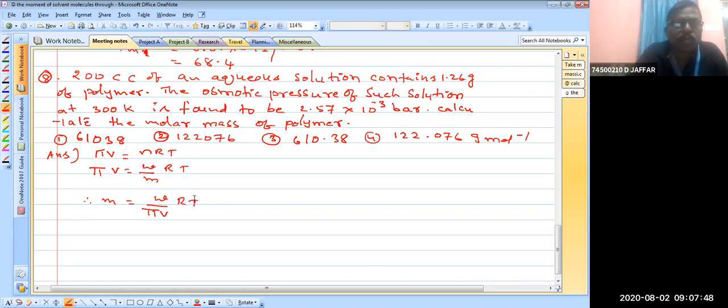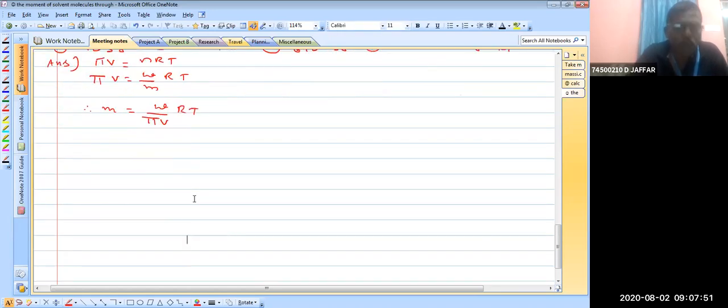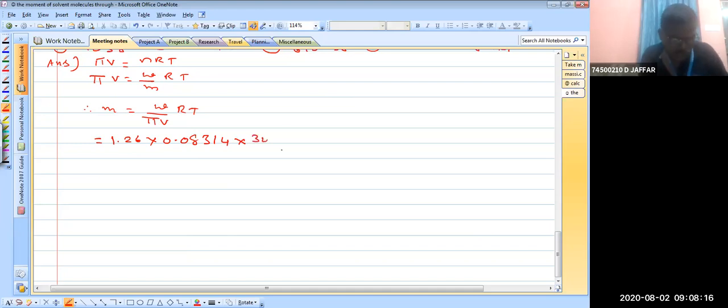So next, W value is given as 1.26, into R value 0.08314 in bar, into T, 300 degrees Kelvin is given, divided by osmotic pressure pi value, 2.57 into 10 power minus 3, right?